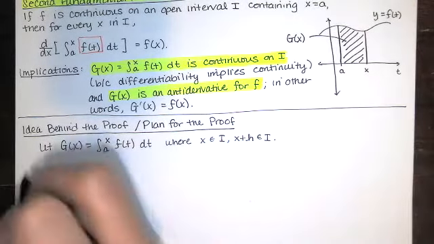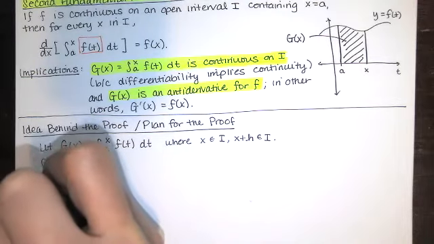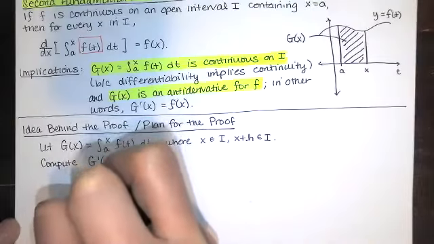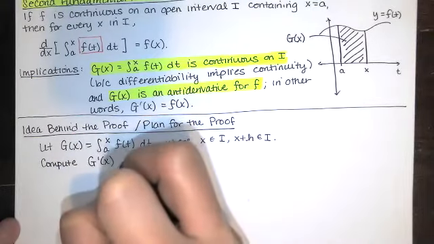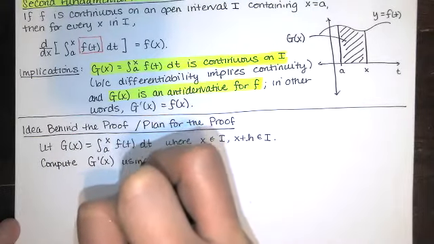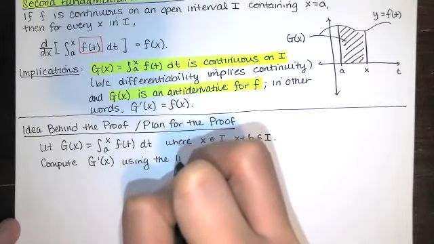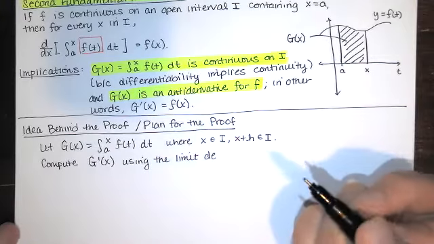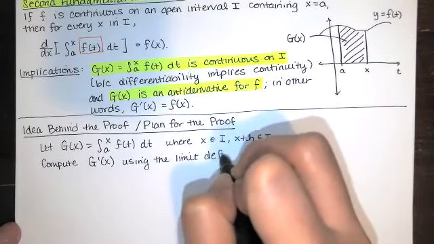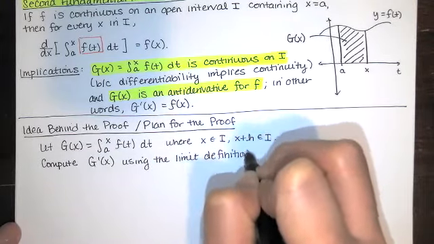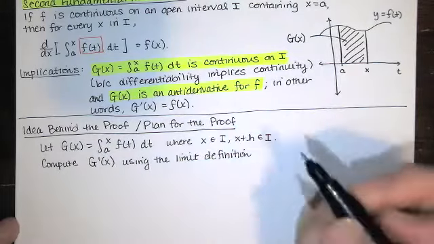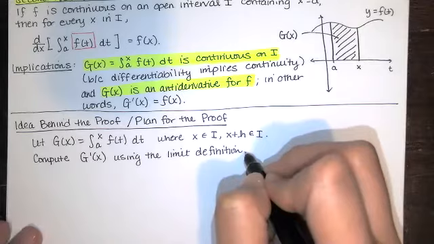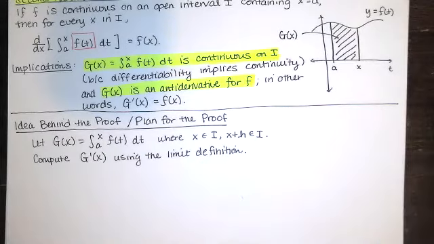Then we're going to compute g prime of x using the limit definition. That limit definition of the derivative. Remember that x plus h or that x plus delta x? That's what we'll use here. And here's part of the idea.